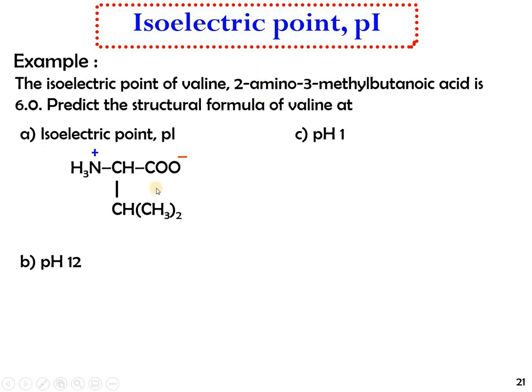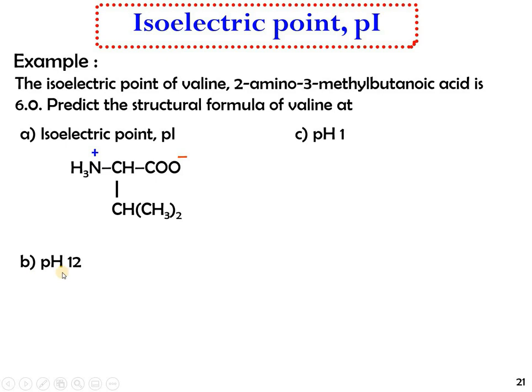Next, to draw the structure at isoelectric point Pi, we must draw it in the form of zwitterion. So you add one hydrogen to the amino group, and you lose one hydrogen from the carboxylic group. So now this valine is in the form of zwitterion.